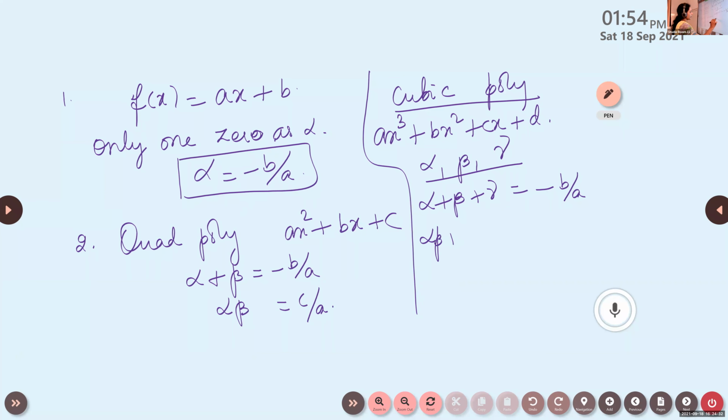Alpha beta plus beta gamma plus gamma alpha is equal to c by a. And the product alpha beta gamma is minus d by a. This is the formula we have learned for the relation between zeros and coefficients.